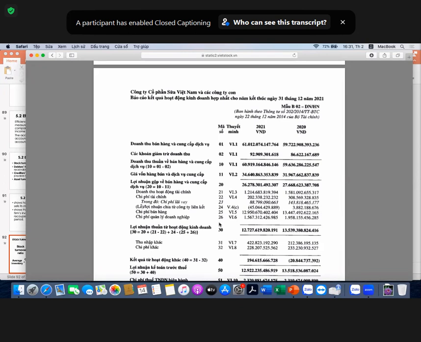Chào các bạn, cost of sales ở đây là cái gì? Một đúng không ạ? Yeah. Cost of sales. So in this case, we will have the code of 11.